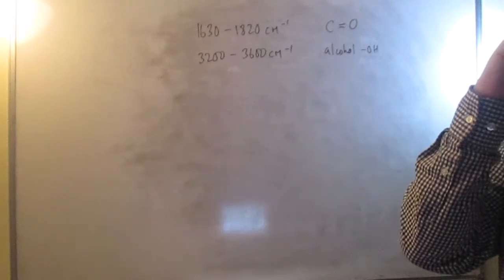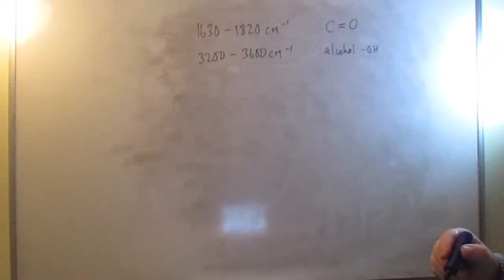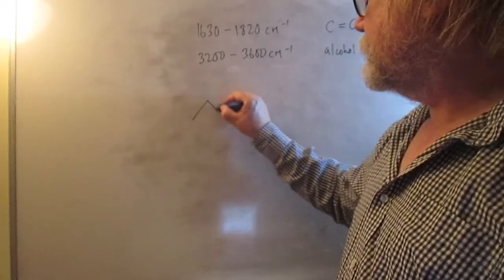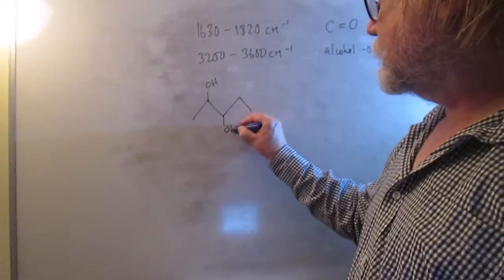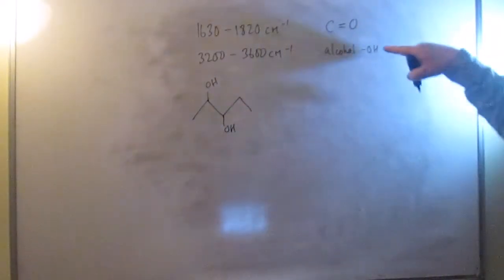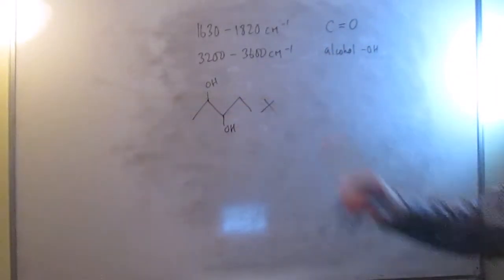So we just have to look through and see which of those structures have both of those things. So pentan-2,3-diol is that. Diol means it has 2 alcohol OH groups, so it has that one but it doesn't have that one, so it can't be that.